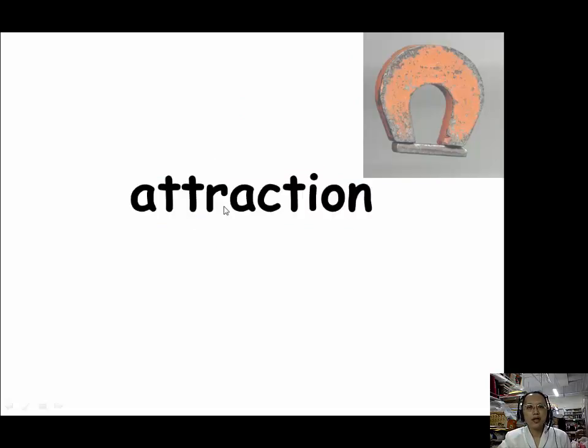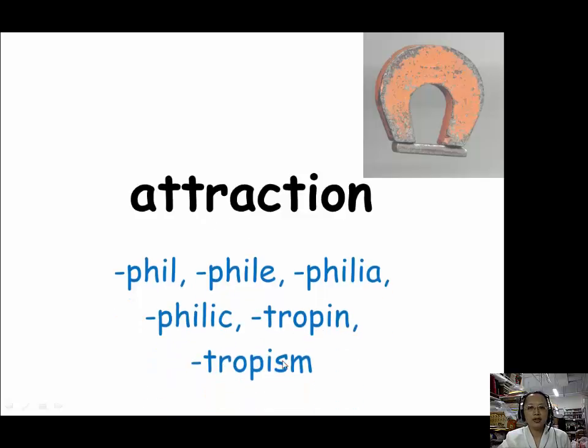Let's review what we learned. For describing attraction, we have 6 suffixes: phil, P-H-I-L, and phile, P-H-I-L-E. These two are used to describe things, like eosinophil and pedophile. Philia, P-H-I-L-I-A, is used to describe an abnormal phenomenon, a pathologic phenomenon.